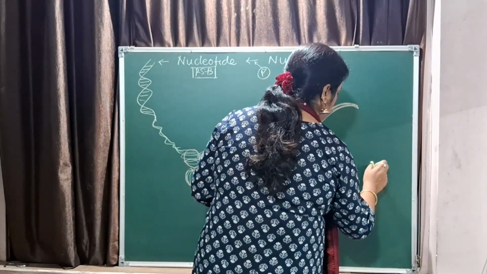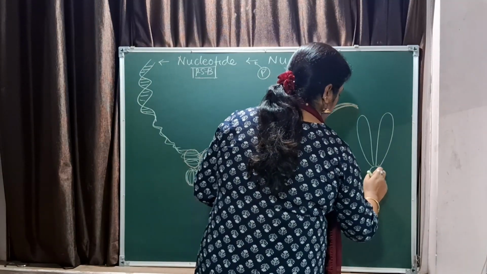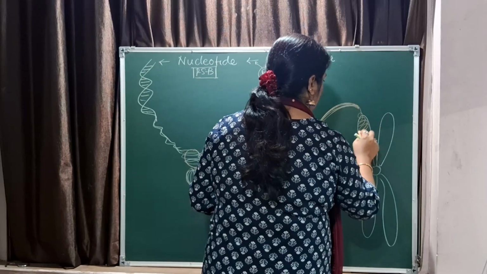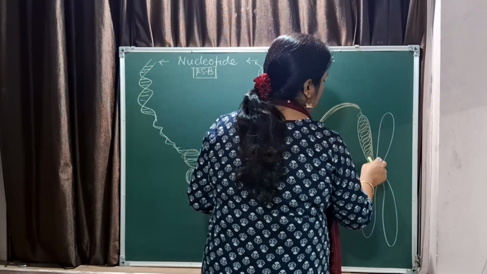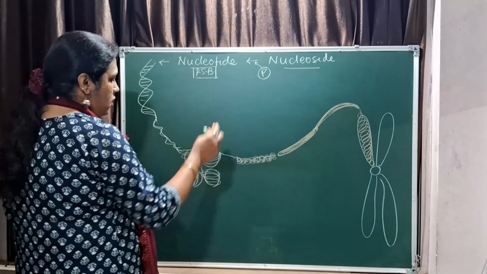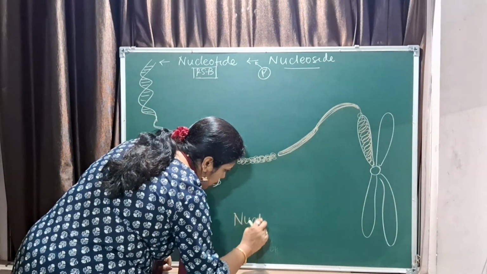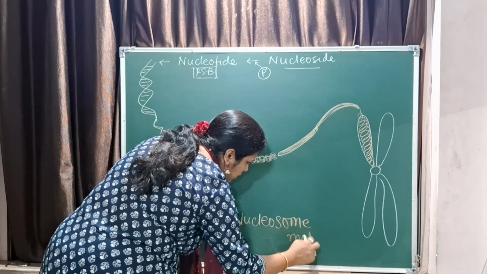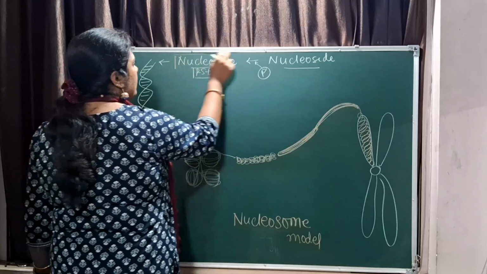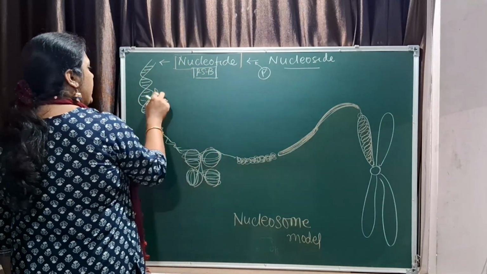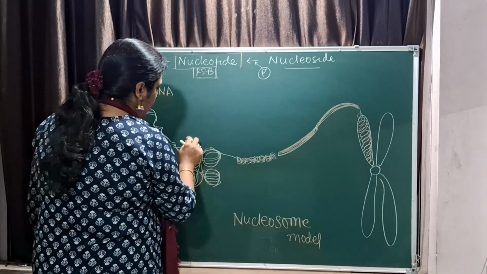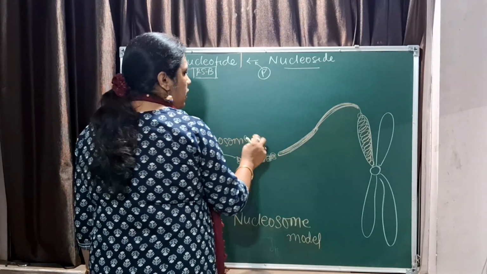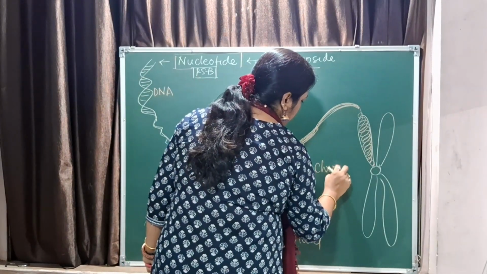Remember chromosome? Now this structure is going to coil itself and fit into the chromosome, and this model is called the nucleosome model. So nucleotide is a unit of DNA, and nucleosome is a unit of chromosome.